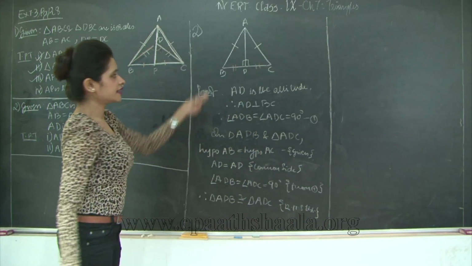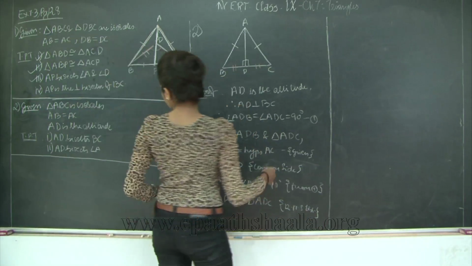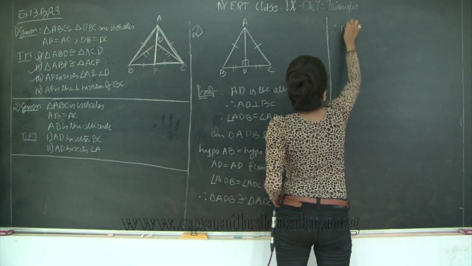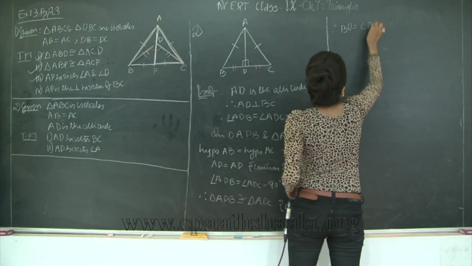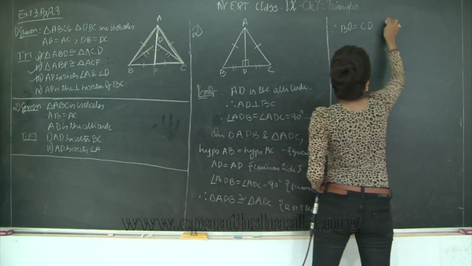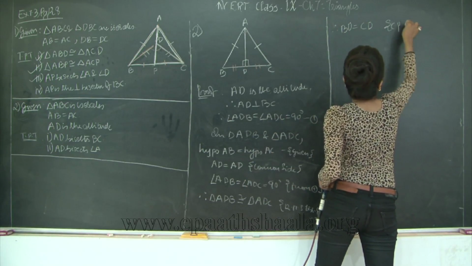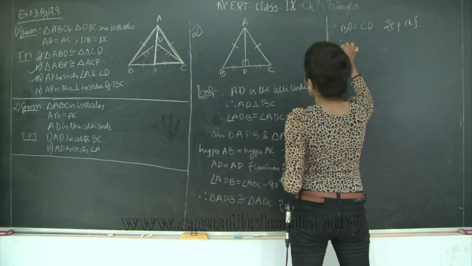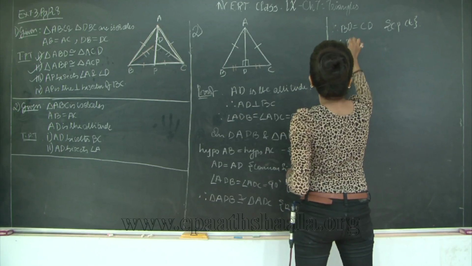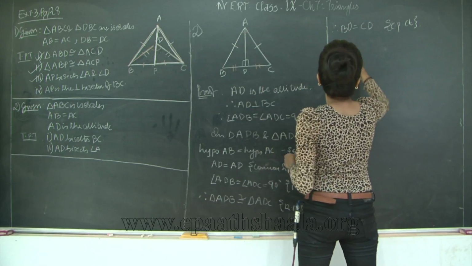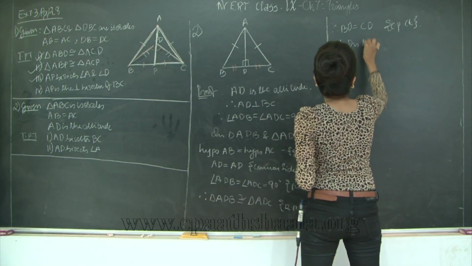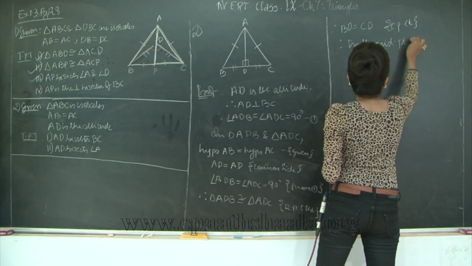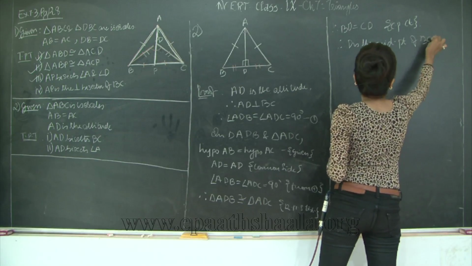Therefore, what can I say? That BD is equal to CD. Why? Corresponding parts of congruent triangles, which means that D is the midpoint of BC.